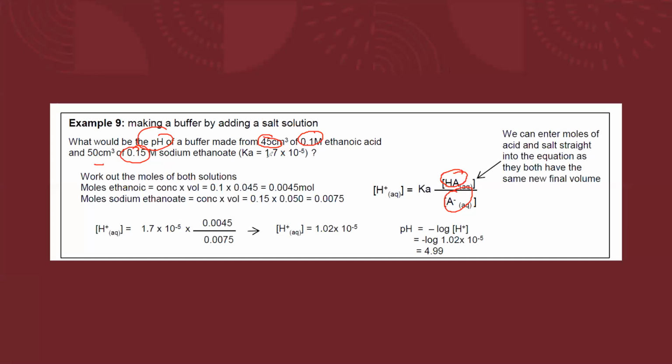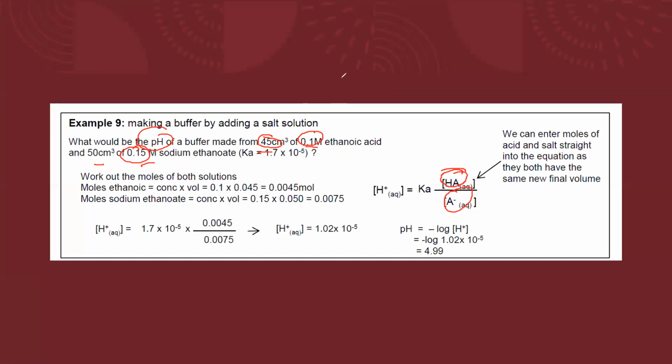Originally the concentrations are given, but you cannot substitute them directly. Originally we had 45 cm cube of 0.1 mole ethanoic acid, and we mix with 50 cm cube of 0.15 moles of sodium ethanoate. That's the original, but when we mix them together, their concentrations will change.